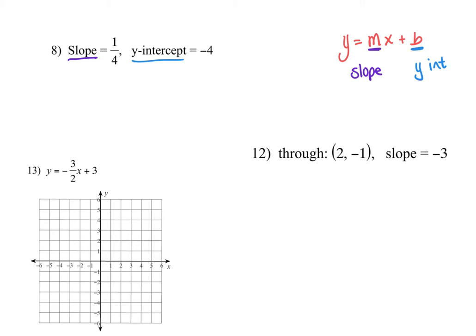So you literally just write it. Like, you don't overthink this. You're going to say y equals m. M is 1/4. X plus b, -4. And you can write it without the plus a negative. You can just say y equals 1/4 x minus 4.